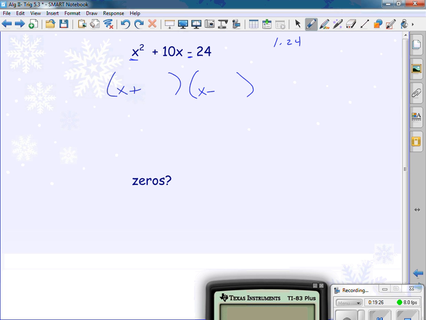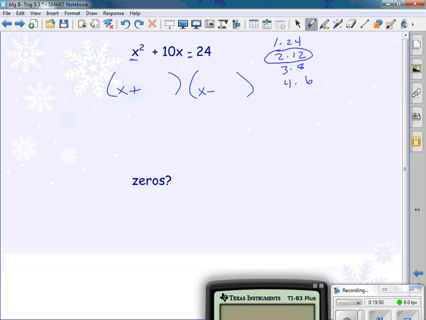1 and 24. 2 and 12. 3 and 8. 4 and 6. 5 doesn't. We're back to 6. I need to subtract numbers to get a 10. 12 and 2. Yes, 4 and 6 do add to get me 10.